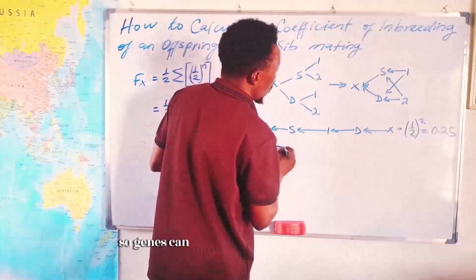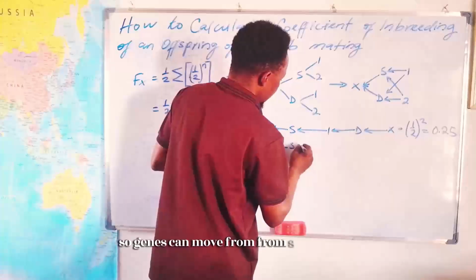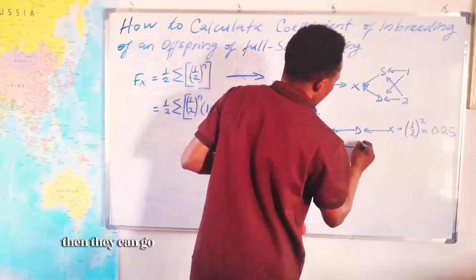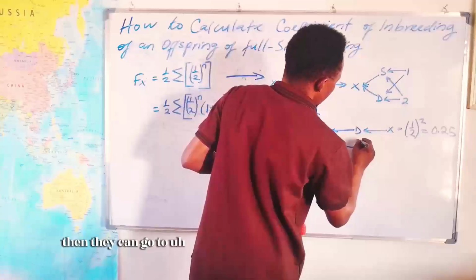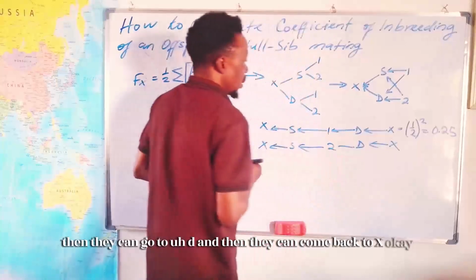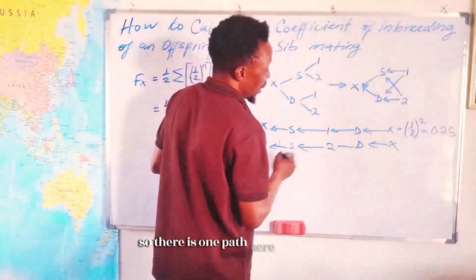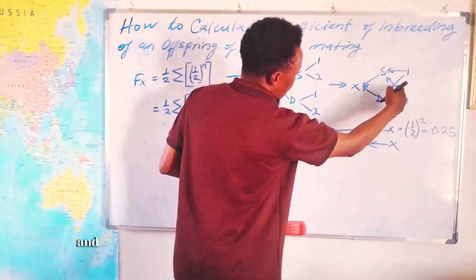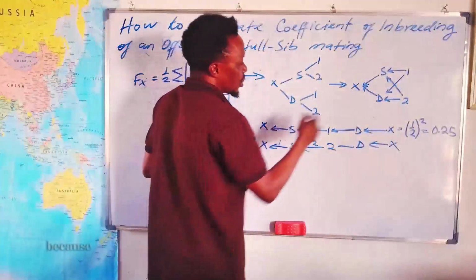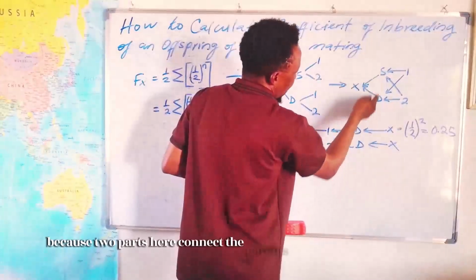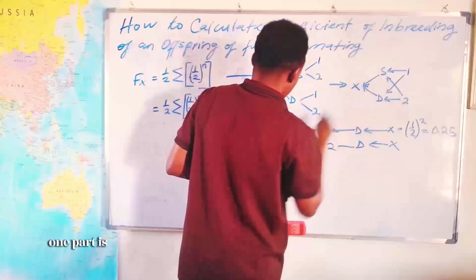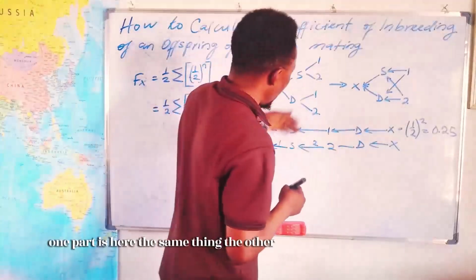So genes can move from S and go to 2, then they can go to D, and then come back to X. So there is one path here, and then there's a second path here. That's because two paths here connect the parents to the common ancestor. One path is here, one path is here. The same thing the other way.